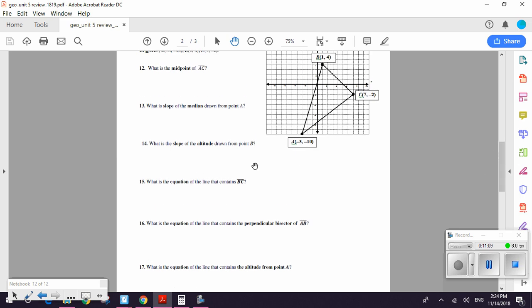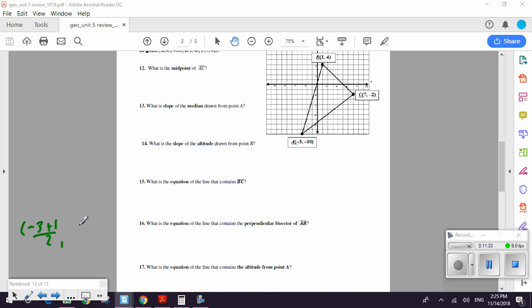So from A to B, we need to find the midpoint using the midpoint formula. The x's are -3 and 1, so -3 plus 1 over 2.